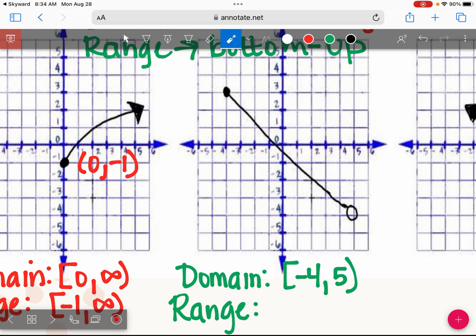So -4 to 3. -4 gets a parentheses. And the 3 gets a bracket. So this point here has an open circle. So the lowest point, when you're looking at it from the bottom, is -4, and that does not have a closed circle. And it's going up to 3. 3 is closed, so that gets a bracket.